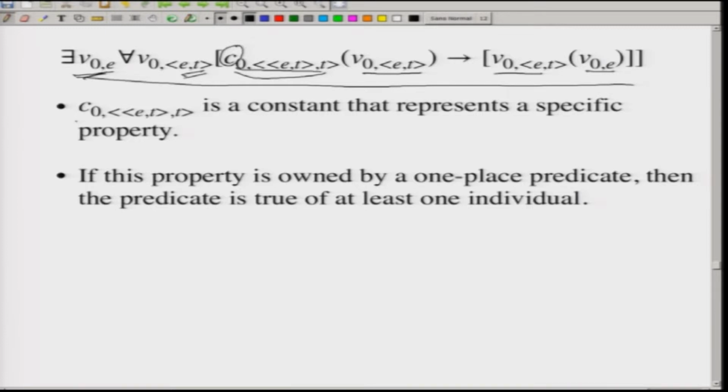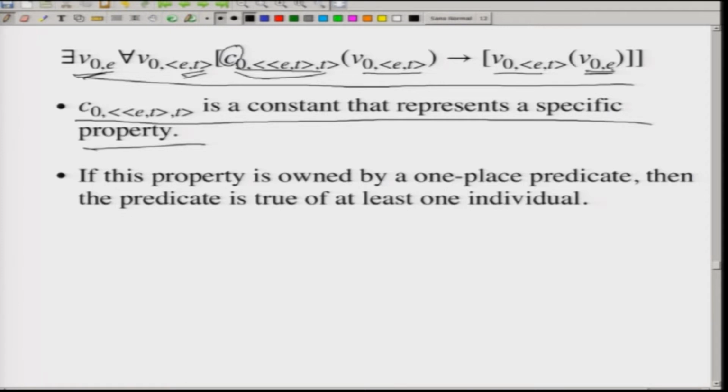As I said, it presents a specific property. What is that property? It is a property such that if it belongs to a one plus predicate, practically any one plus predicate, then that one plus predicate will apply to that entity.